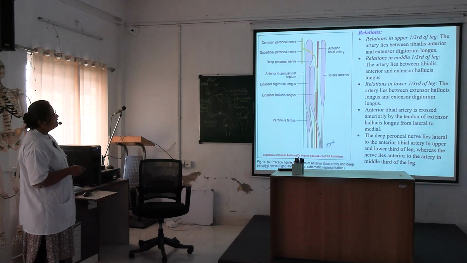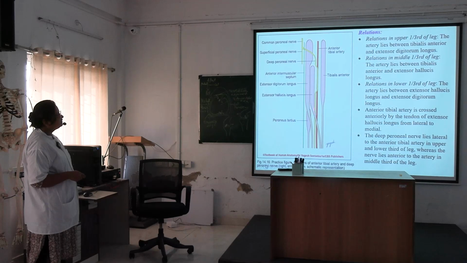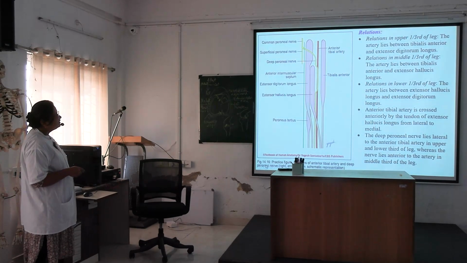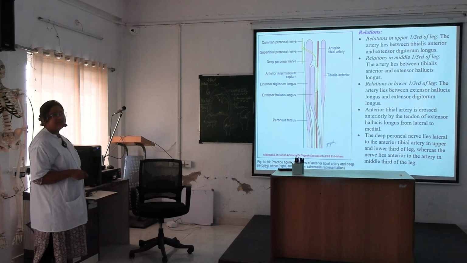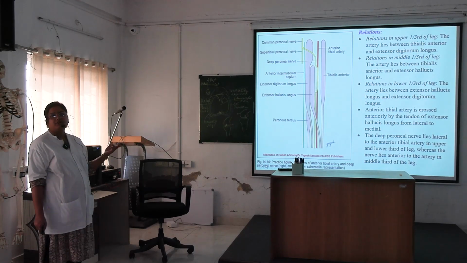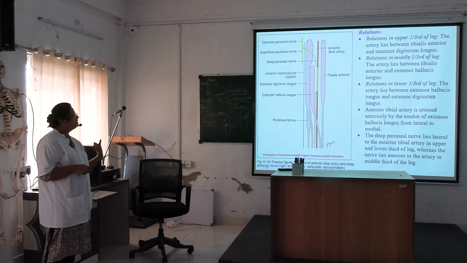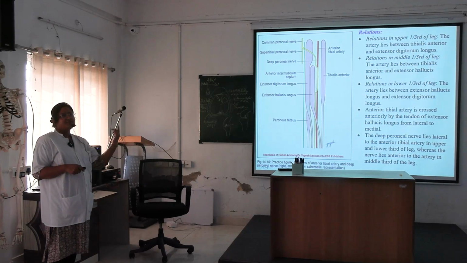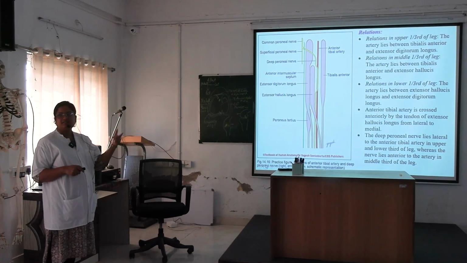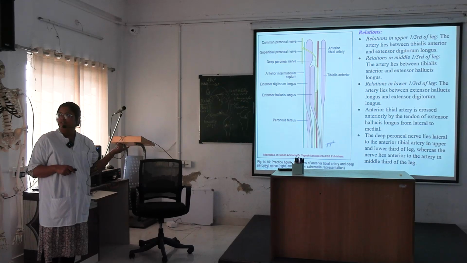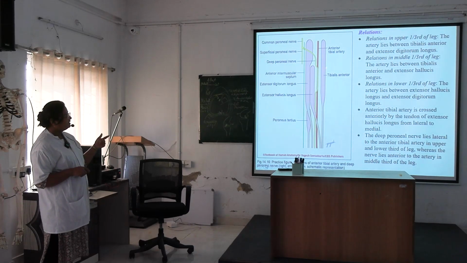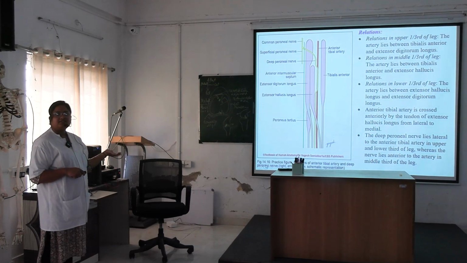That's why the nerve is called nervus hesitans: it looks like it is hesitating to cross the artery. It comes to the medial side and then again goes to the lateral.